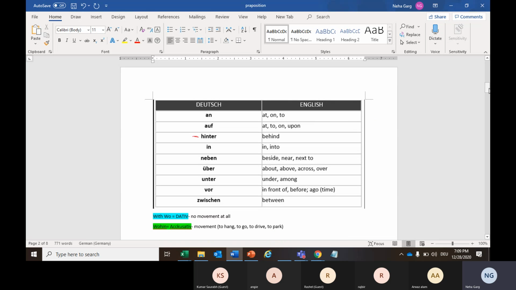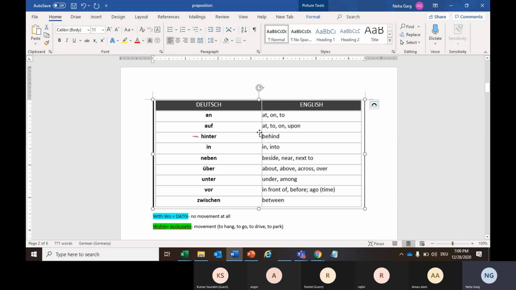I am sitting on the chair, I am sitting on the sofa, or I am putting a book on the table. So that is auf. Students usually initially get confused between an and auf. I'll give you a picture that will clear the doubt between an and auf, because both of them are used as at and on.